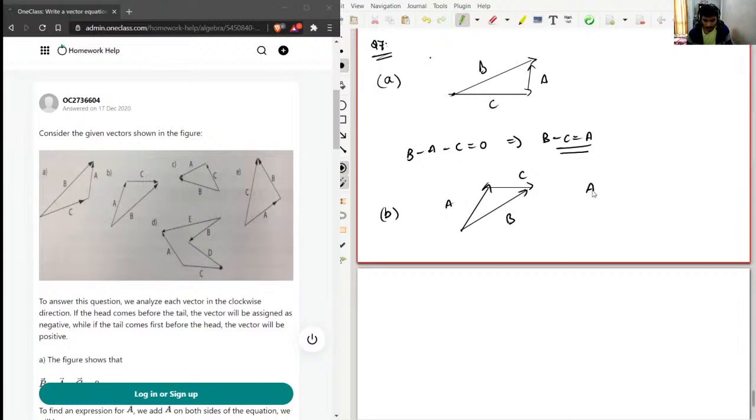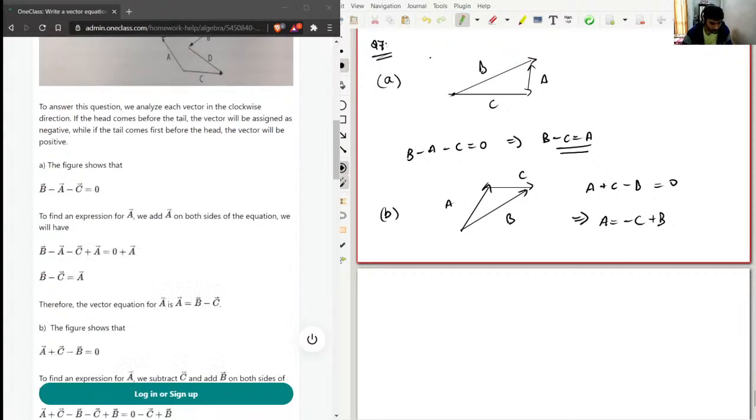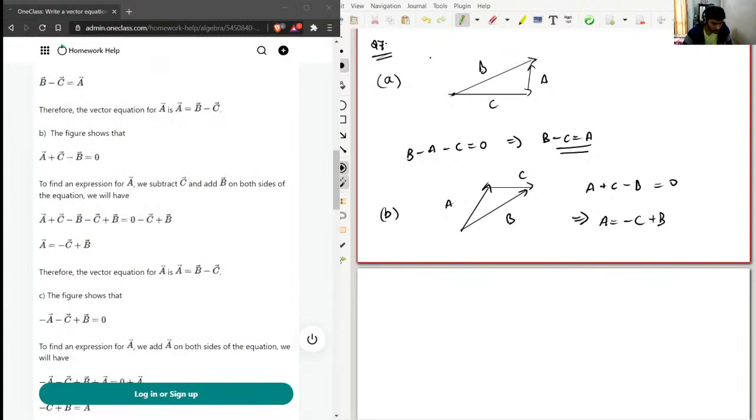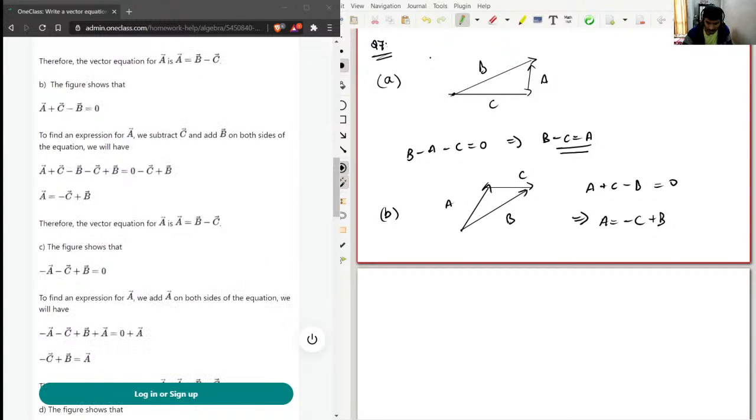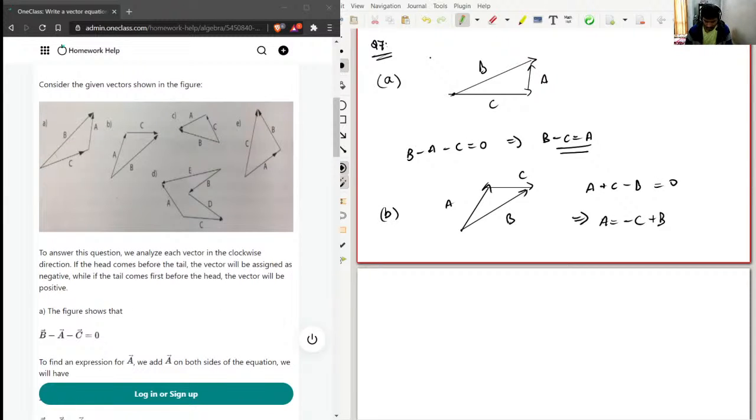So tail is coming first, A is positive, C will be positive, tail is coming first, but for the B, head is coming first, so B will be negative. And to write this in terms of A, we'll take C and B on the other side, so we'll just add B and we'll subtract C from both the sides. This will become minus C plus B. So let's check for B also. Yep. So minus C plus B. Okay. We should definitely write the vector signs here.